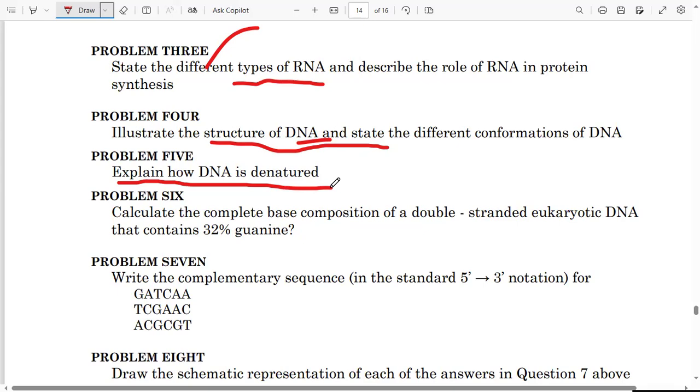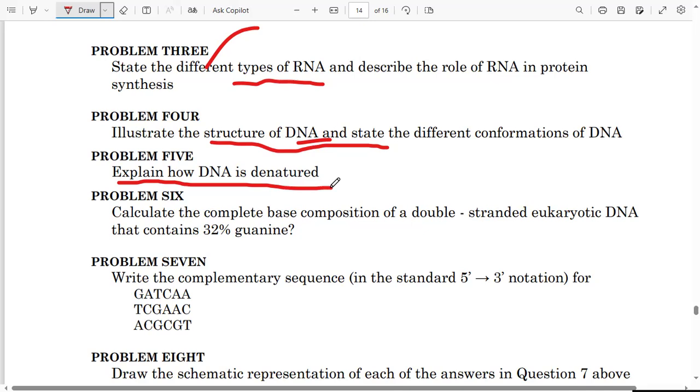It can be heat application: when DNA is exposed to high temperature, usually above 80 degrees Celsius, the thermal energy will disrupt the hydrogen bonding of the base pairs and the DNA will unwind.